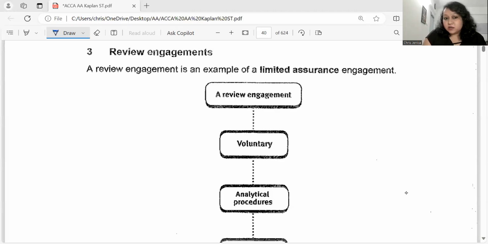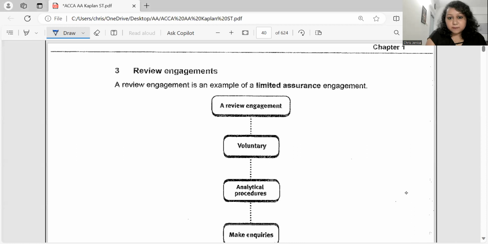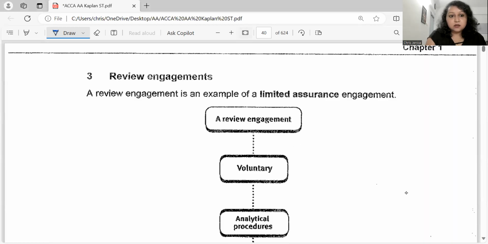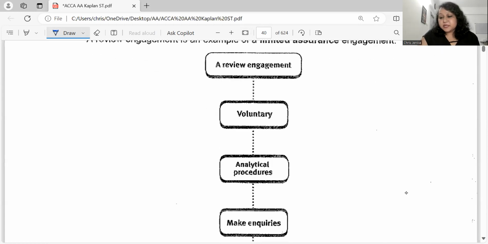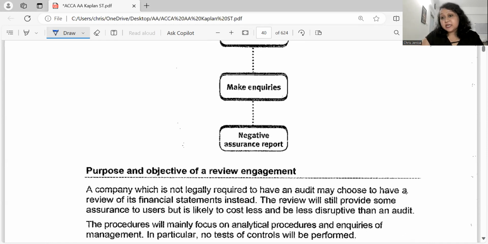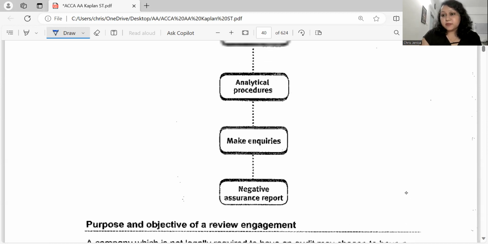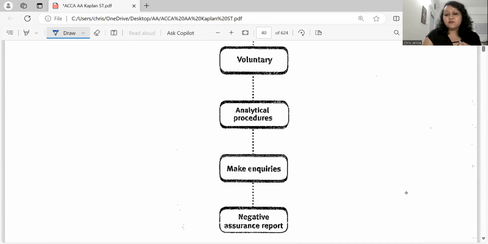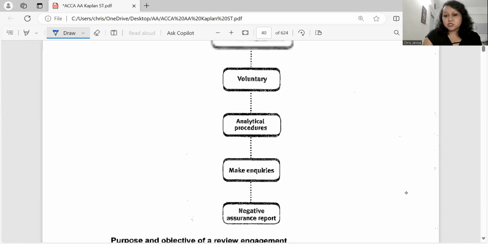So, review engagement is an example of limited assurance, but I'll tell you this in detail later. Okay. Now, review engagement: normally certain companies are required to carry out the assurance engagement, that is to carry out an audit. But when there are companies that are not legally required to carry out an audit, they can voluntarily engage themselves in order to carry out a review engagement of the financial statements. So as I told with the forecast example, it's typically like a review where we are just going to provide analytical procedures.